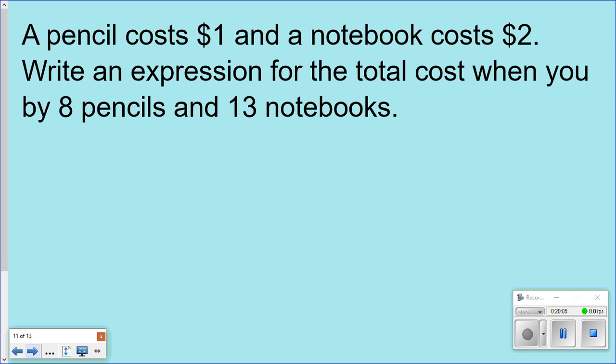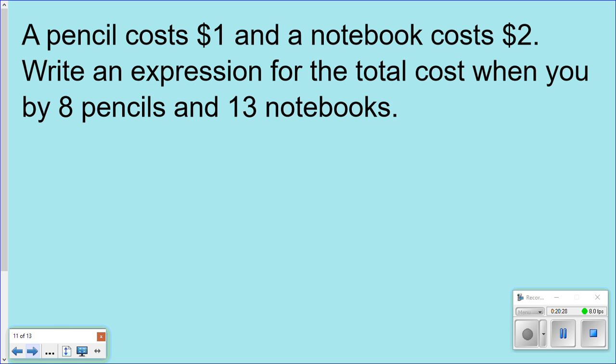Okay, last thing, then I'm done. I promise. They're going to have you write an expression for a story problem. Now this is kind of like what we talked about yesterday a little bit. So a pencil costs $1 and a notebook costs 2. Write an expression for the total cost when you buy 8 pencils and 13 notebooks.